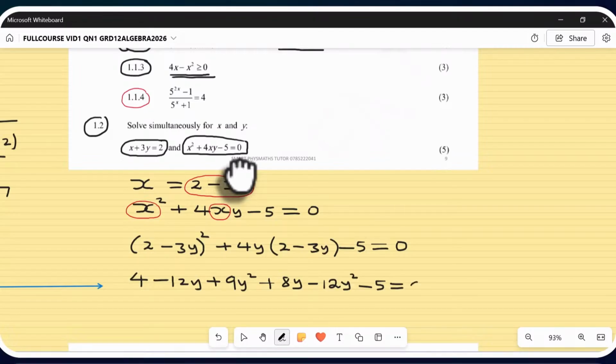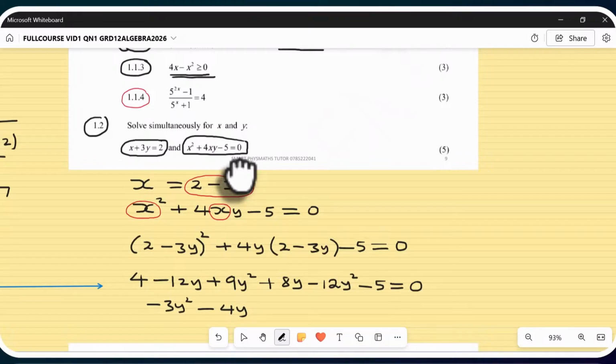So I can divide through by negative 1 to make my calculation simple. When I do so, I get 3y squared plus 4y plus 1 equals 0.